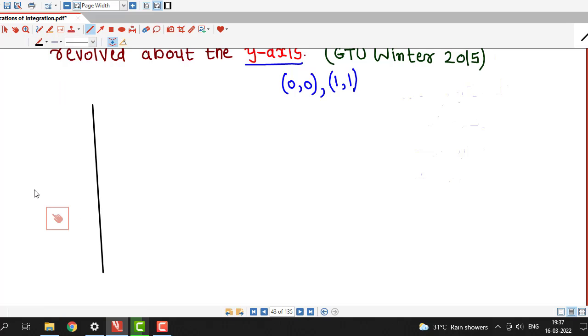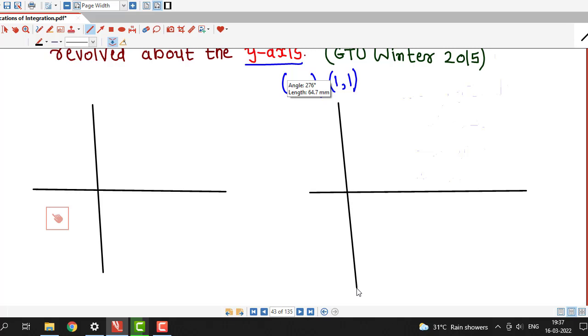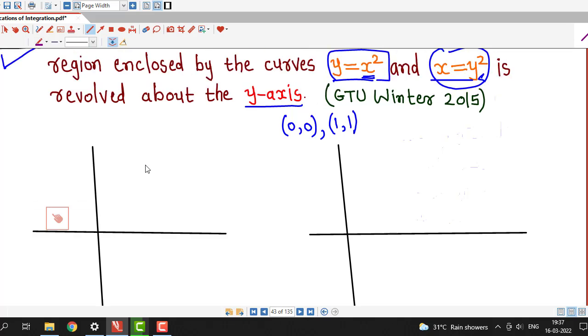So first we sketch the plane region bounded by the given curves. Suppose this is the y-axis, here we consider the x-axis. In this part we will try to sketch the solid generated by revolving the region, which we will sketch here. Now first we consider these 2 intersecting points. Here we have the origin (0, 0), and we assume that this much scale is 1.